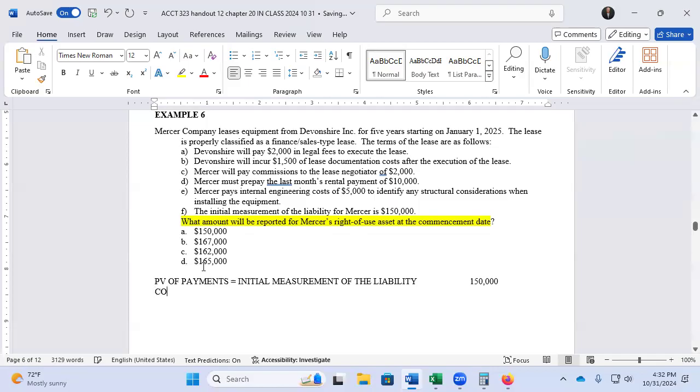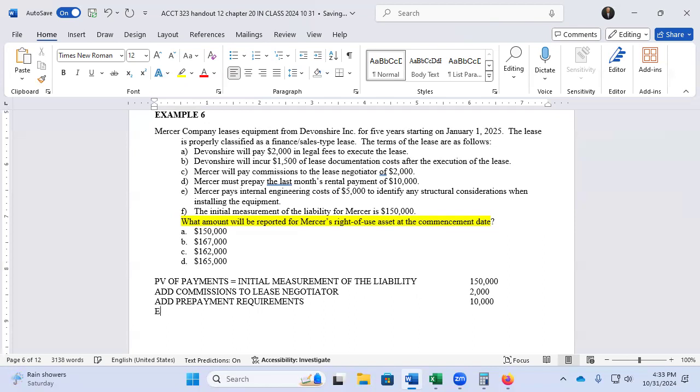And then you have commissions. So we're going to add commissions to lease negotiator. And so that's 2,000. And then we're going to add the prepay. And that's 10,000.